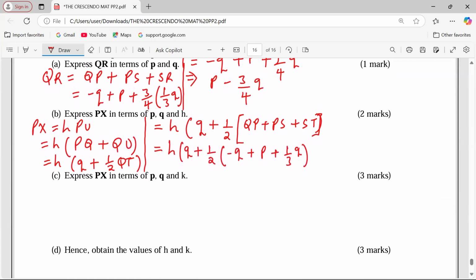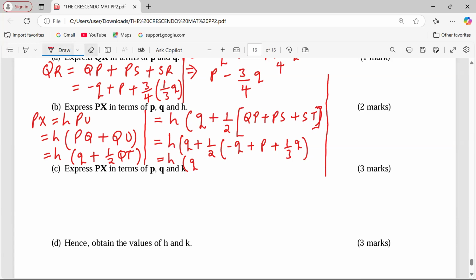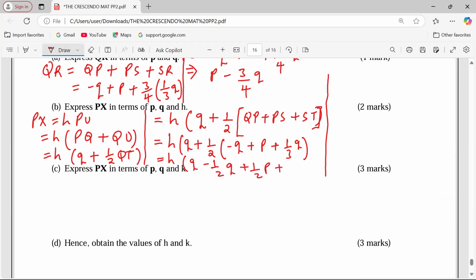Then with this now, we can group a few terms together, after opening a few brackets. H into Q plus, now that becomes a negative definitely, so we will have negative half Q, then plus half P, then plus 1/6 Q. At that point, allow me to group terms. We are still having our H. Then Q minus half Q becomes half Q plus a sixth.